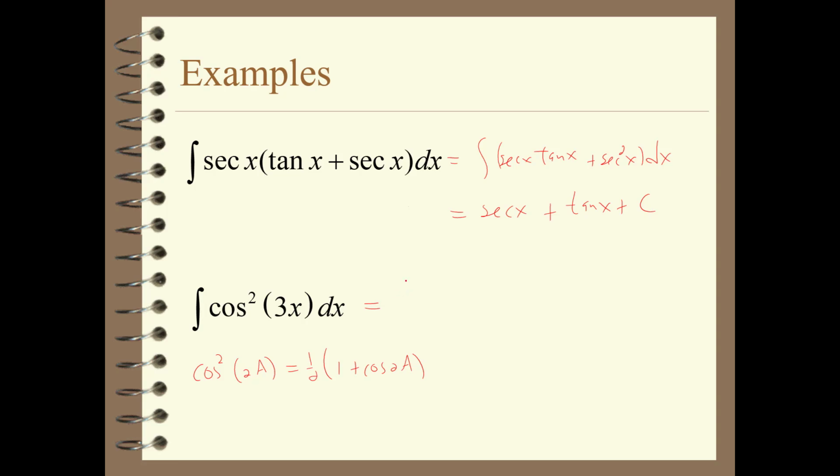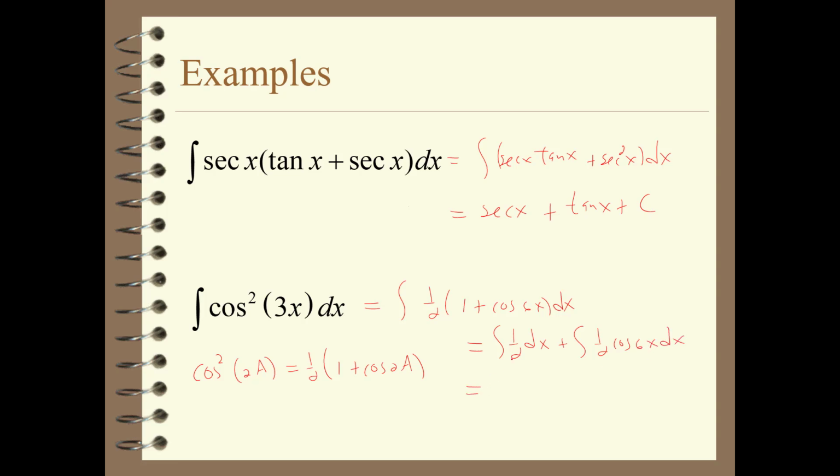But we'll use it here to rewrite the integrand as 1/2 times 1 plus the cosine of just twice the angle, 6x, dx. I can then distribute the multiplication, separate the integral. That will give you the integration of 1/2 dx plus the antiderivative of 1/2 the cosine of 6x dx.